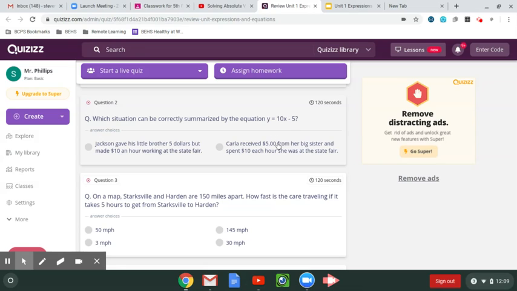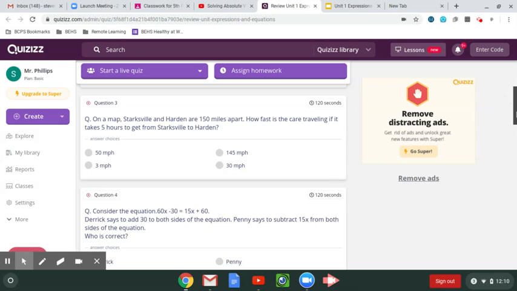She got it. And then she spent $10. She would be losing $10 each hour. Now, Jackson gave his little brother $5, so he lost $5, which makes me think subtract, but he made $10 an hour working at the state fair. So I'm definitely going to go with this one, with Jackson.